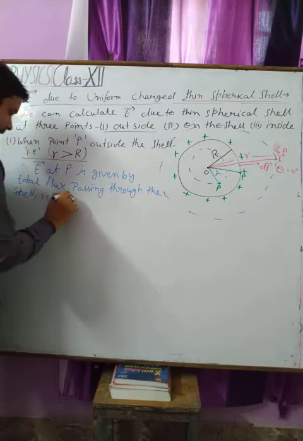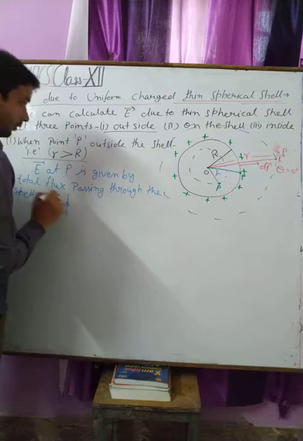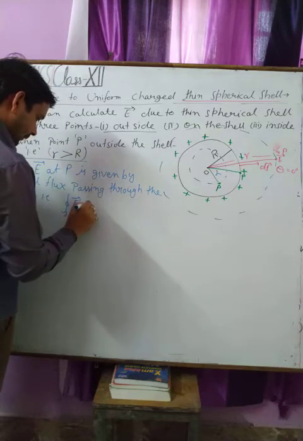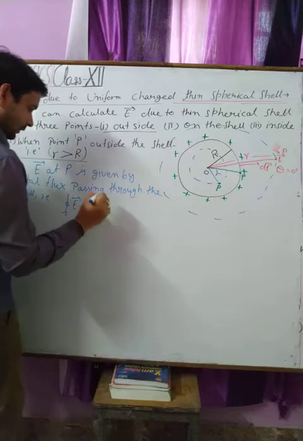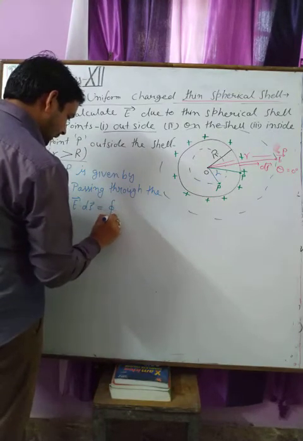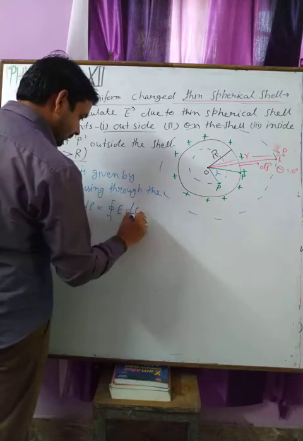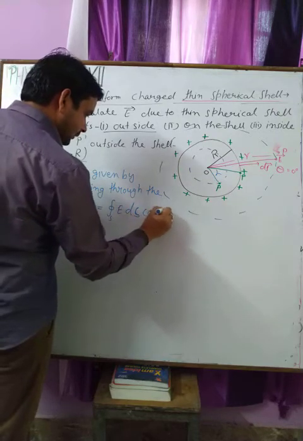That is, the surface integral of E dot ds is equal to the surface integral of E ds cos 0 degrees.